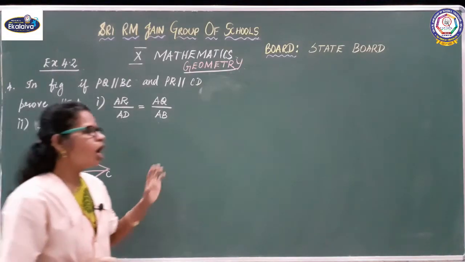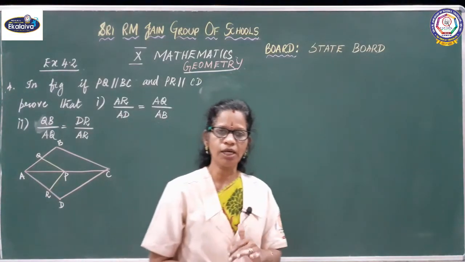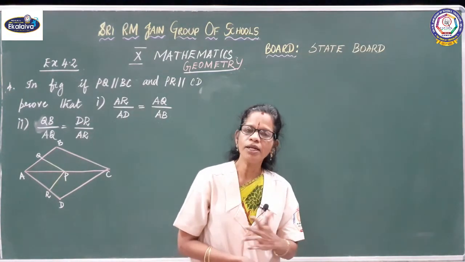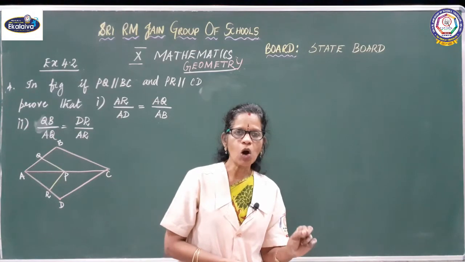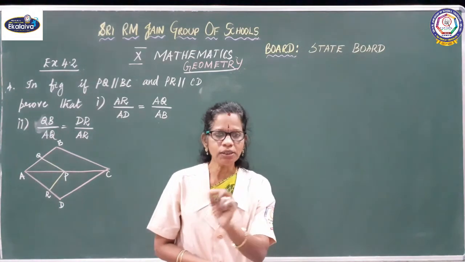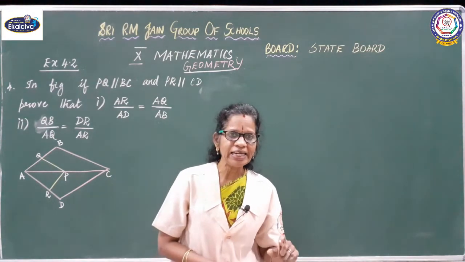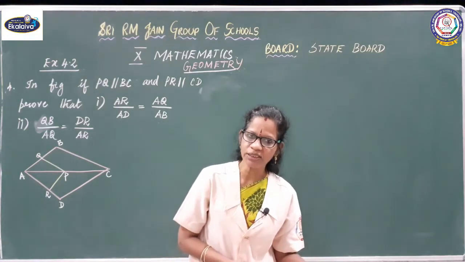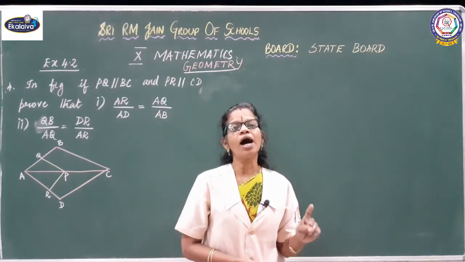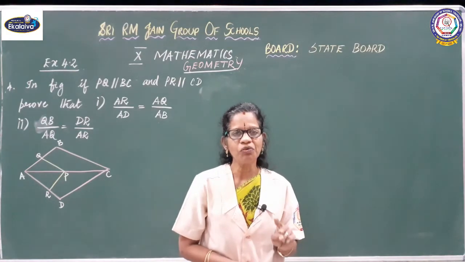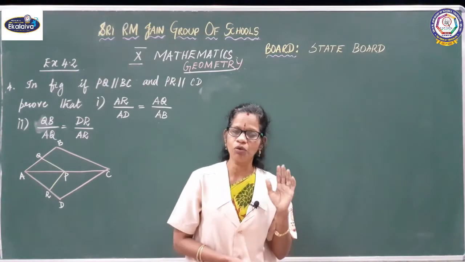Got it, children? How to prove this? You know the theorem, right? Thales theorem. What does it say? If a line is drawn parallel to one side of a triangle, intersecting the other two sides at distinct points, the other two sides are divided in the same ratio.